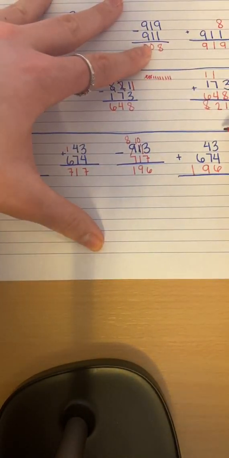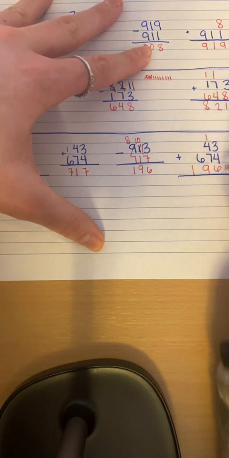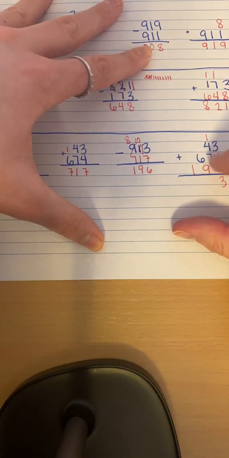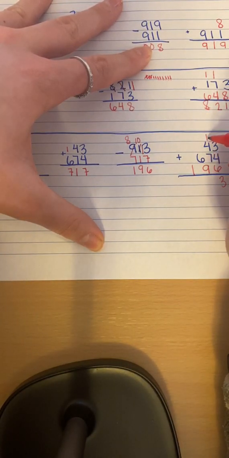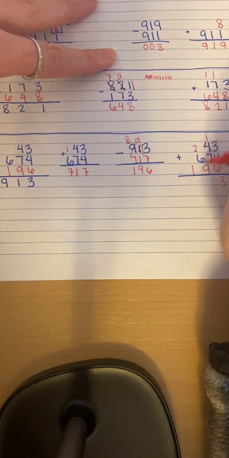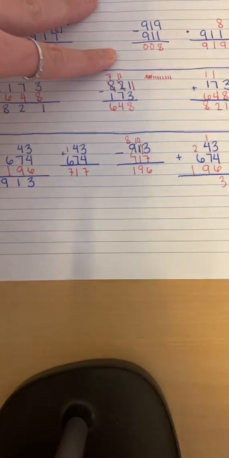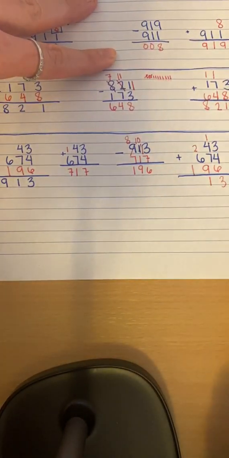So I have 3 plus 4 is 7, 8, 9, 10, 11, 12, 13 when I add 6. So my 1 goes up here and now I add 9, 7, 4, 1. So 9 plus 7 is 16, 17, 18, 19, 20, 21. So now I have to add the 2 here because now all these numbers went to 21. Excuse me. And my 1 goes down here.